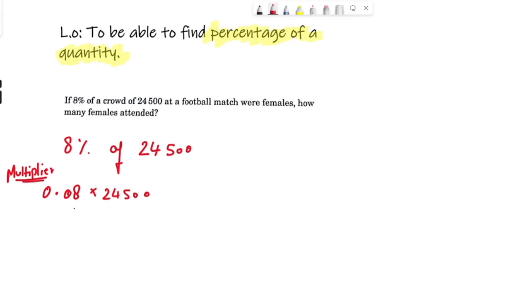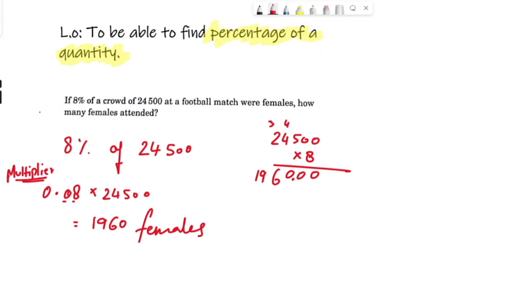So 0.08 times 24,500, we'll do it here. 24,500 times 8. 8 times 5 is 40. 8 times 4 is 32 plus 4, 36. 8 times 2 is 16 plus 3 is 19. As our question has 2 decimals, we will bring 2 decimals in our product. So it's 1960. So there were 1,960 females who attended the football match.